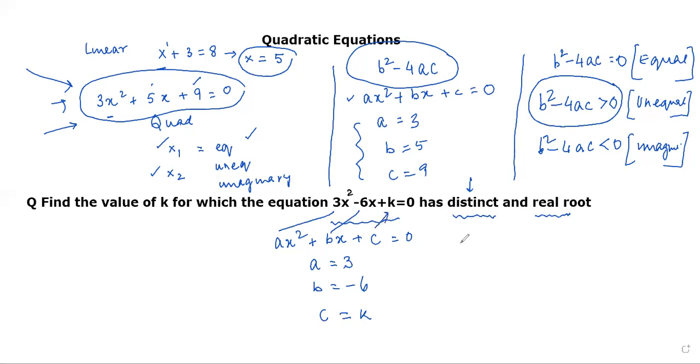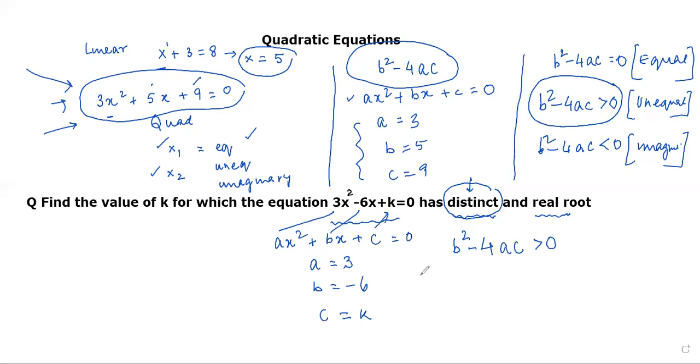Very simple. If I compare, a is 3, b is minus 6, and c is k. Now the time has come to find out b square minus 4ac, which is given that it is greater than 0. Why? Because it says that the roots are distinct. So for me, in this case, b square minus 4ac is greater than 0.